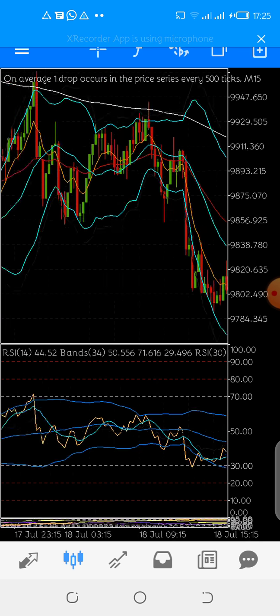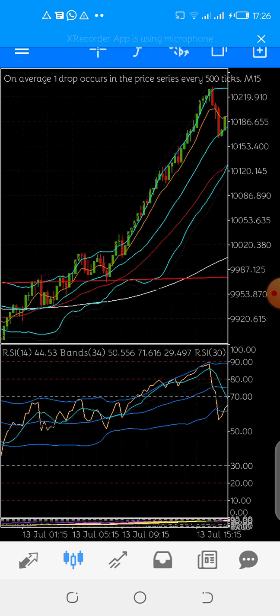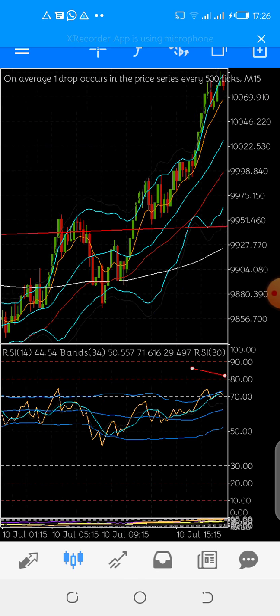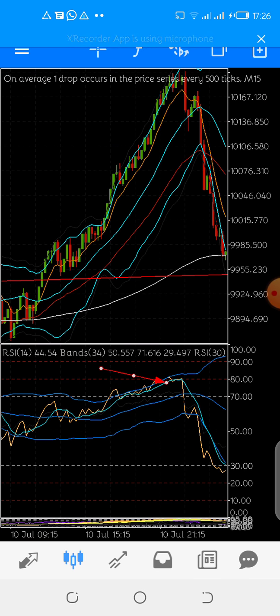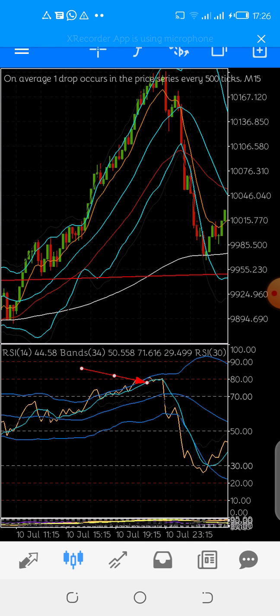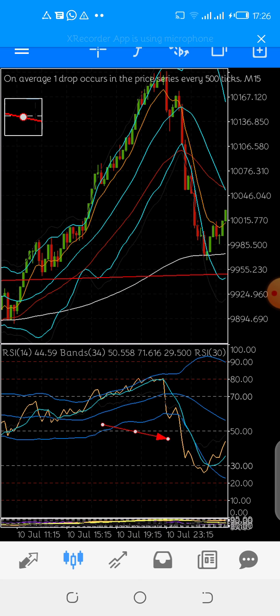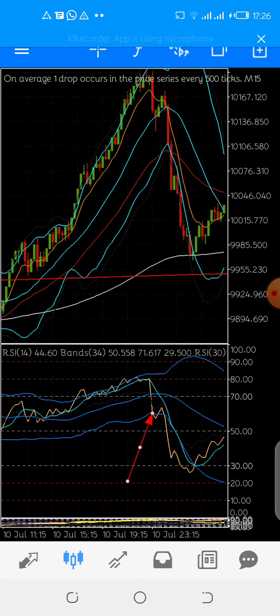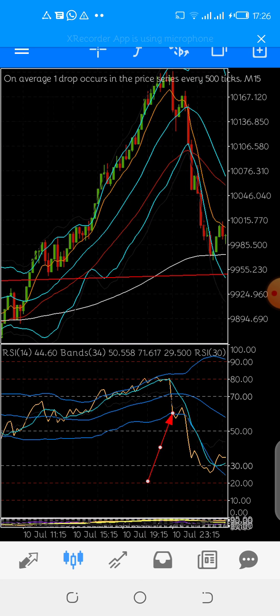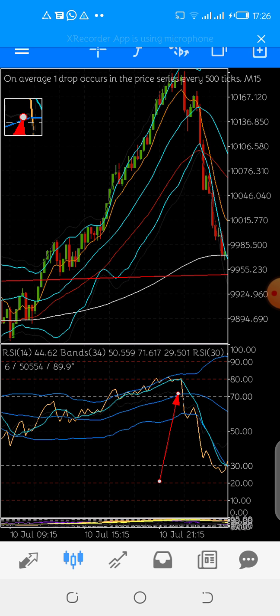here, as it was trying to, let me bring my arrow downwards so that we can see. Do you see the way it was resisted by the moving average too?